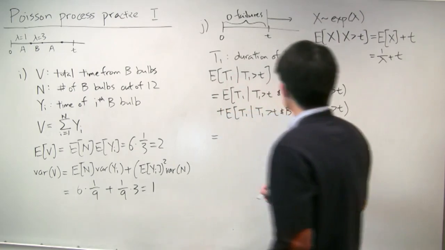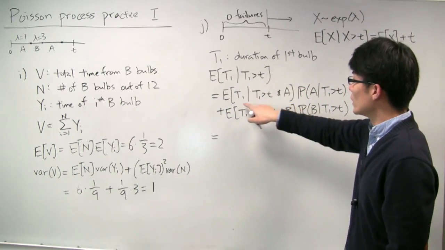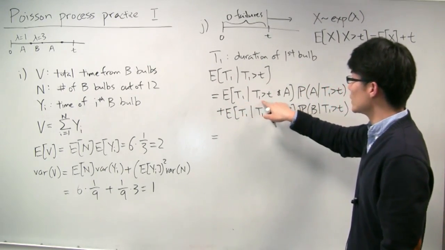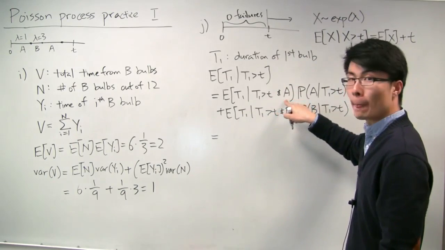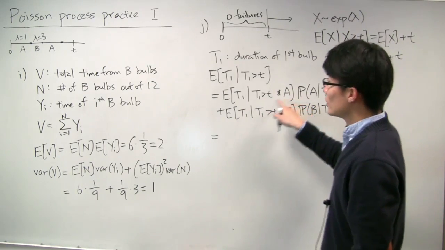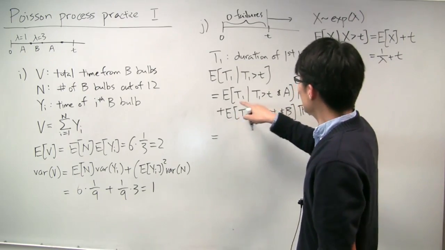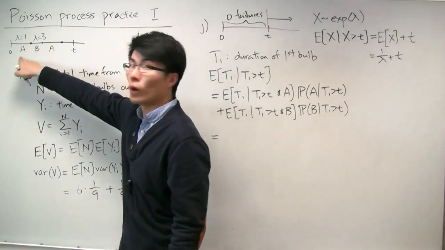All right. So now let's figure out what this conditional expectation is: the conditional expectation of T1, given that it's at least t and it's of type A. Now that we know that it's of type A, that has fixed what distribution T1 has. T1, we now know, is exponentially distributed with parameter 1.